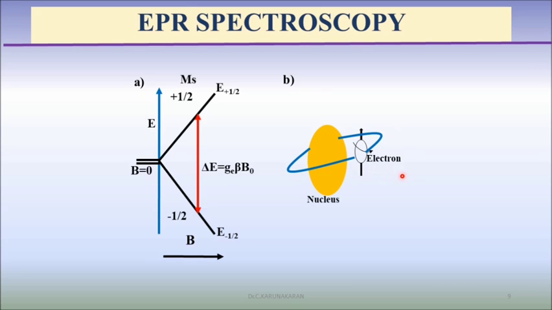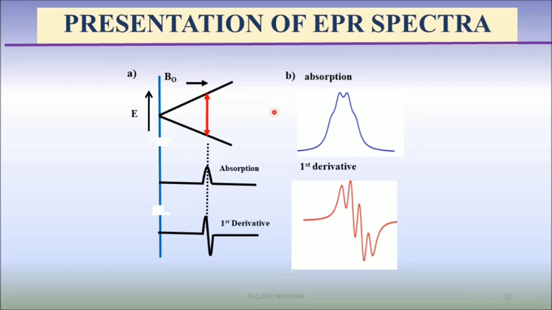The electron spins about its own axis and also revolves in an orbit. I forgot to tell, ESR spectroscopy is also called electron spin resonance spectroscopy, electron paramagnetic resonance spectroscopy, or electromagnetic resonance EMR spectroscopy.